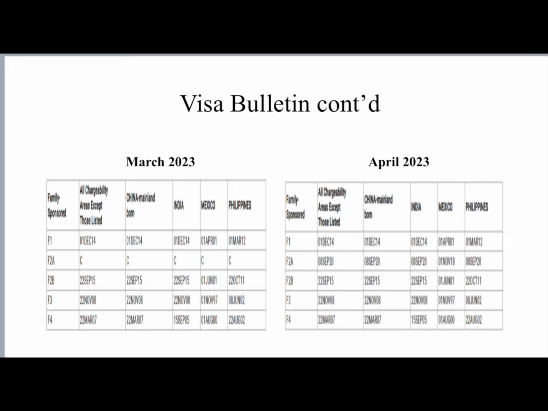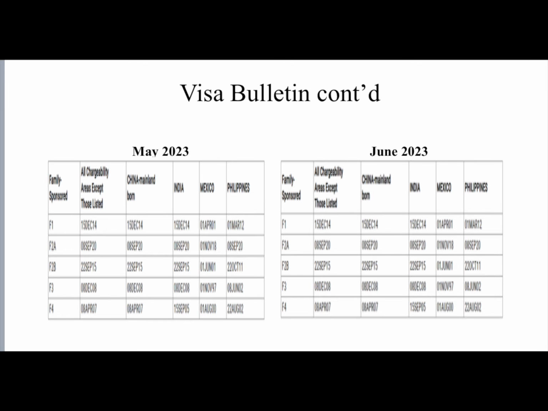And so let's move on to May 2023. So in May, there was a slight movement in the F1 category. Because remember, F1 was at the 1st of December 2014. So they gave them like a 14 days move. So it went to the 15th of December 2014.